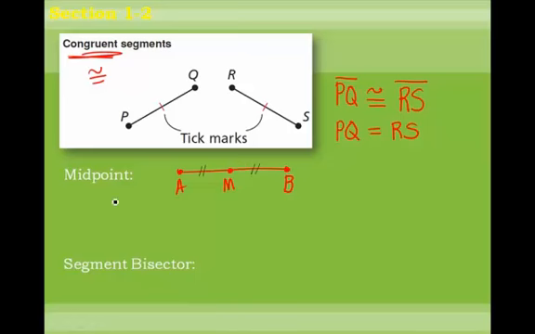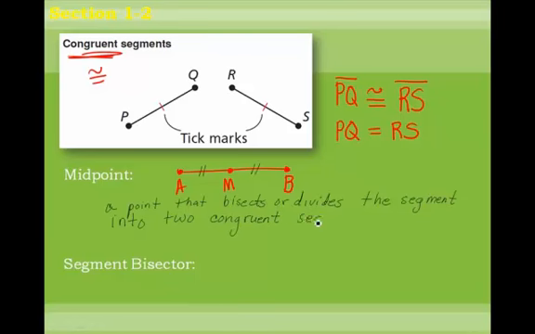So the definition of a midpoint is a point that bisects or divides the segment into two congruent segments. Okay, so that's what a midpoint is.